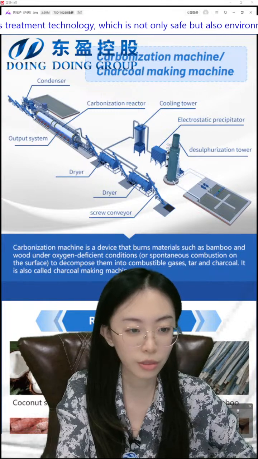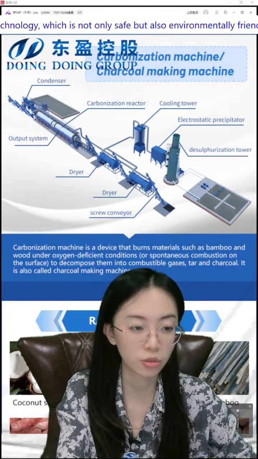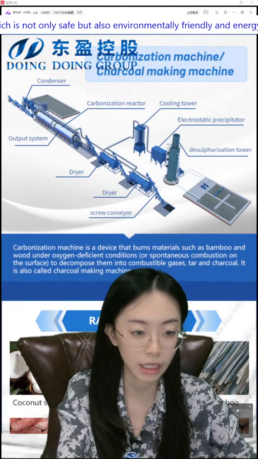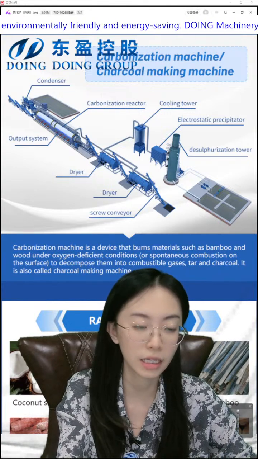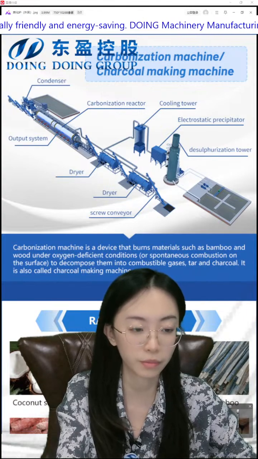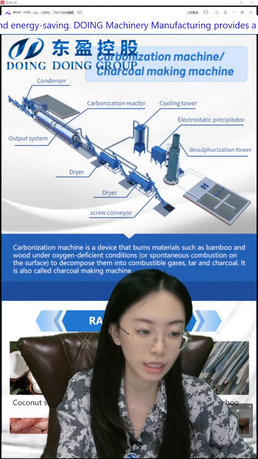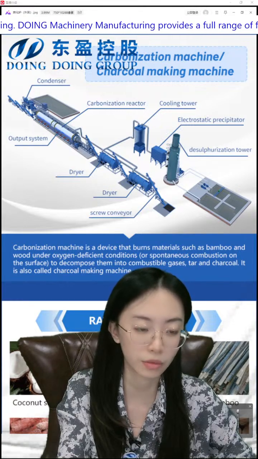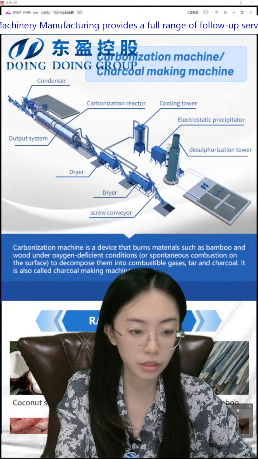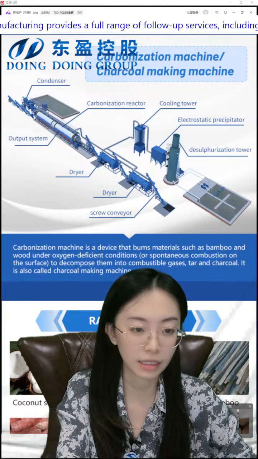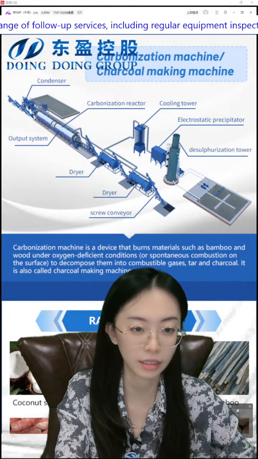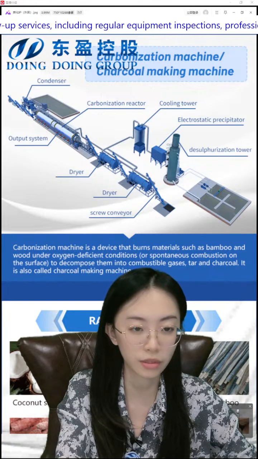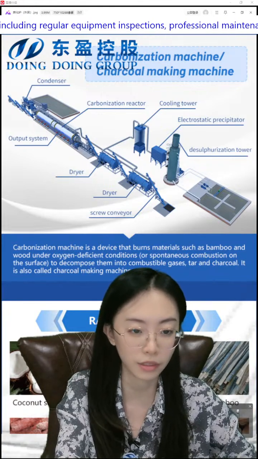The pre-treatment stage is mainly to remove the impurities in the raw material and adjust the moisture content, in order to improve the quality and efficiency of our products. We suggest the moisture be below 15%. This is the moisture we need to ensure to get high efficiency.